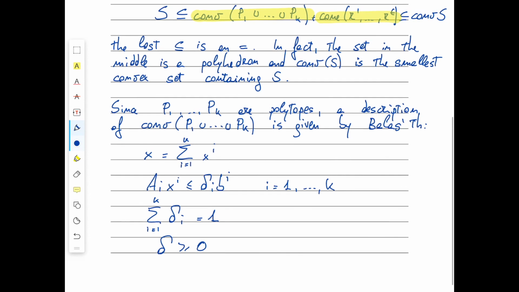Now we have to add back the cone of R1, ..., RT, and we do it very similarly to what we've done before in the previous proof. So let me write it down here because I want to edit then this formulation.